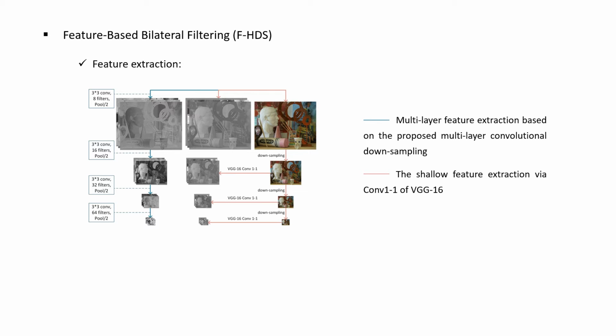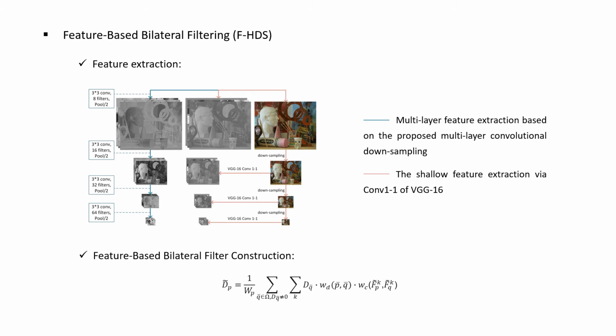The multi-layer feature extraction based on the proposed multi-layer convolutional downsampling is indicated by blue lines, while the shallow feature extraction via VGG16 is indicated by pink lines. With the extracted context maps, the basic joint bilateral filter can be promoted to a feature-based bilateral filter to achieve the feature-based hierarchical depth map super resolution.